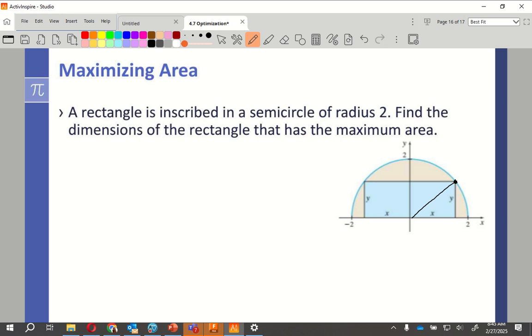What's the basic area of a rectangle? Length times width, right? So what's going to be the area of this one? Okay. So, you're saying 2xy. So I have an x here times the height here. Yes? Okay.